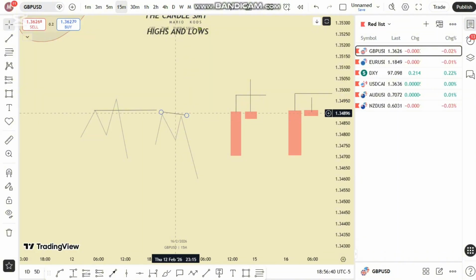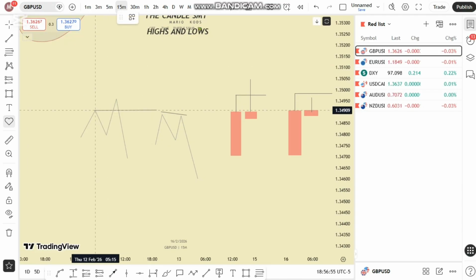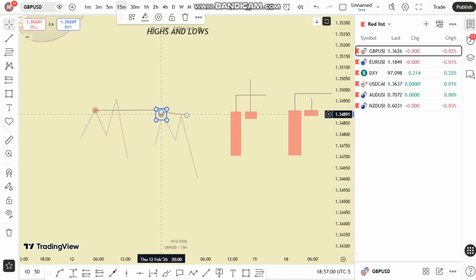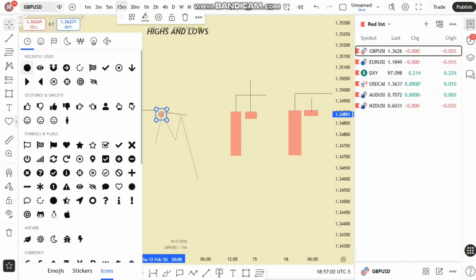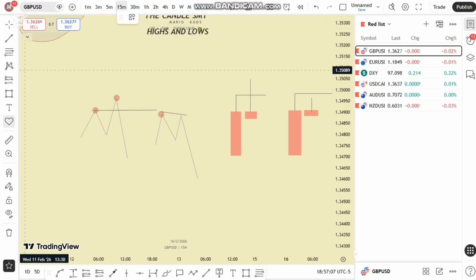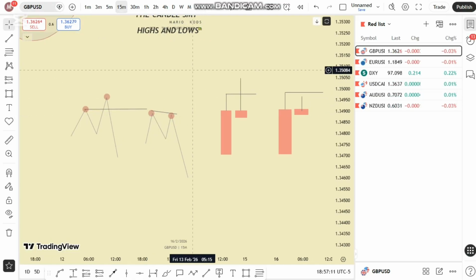This is a lower high, and this is the higher high, which means this high is higher than this one. We got a failure to take out this high, which means the high here and the high here are the same. And also the high here and the high here are the same in two correlated assets.